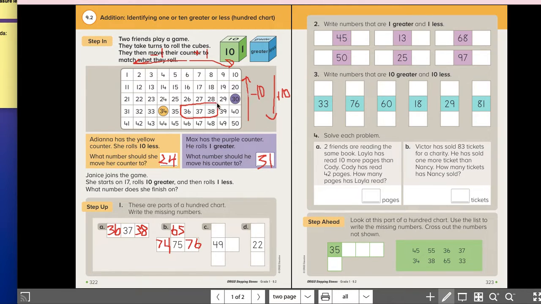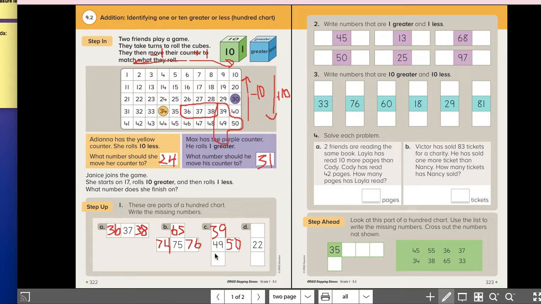So 49. So we're taking this section right here out. So we have 49. What's 1 more? 49, 50. Okay. 49 minus 10 would be 39.